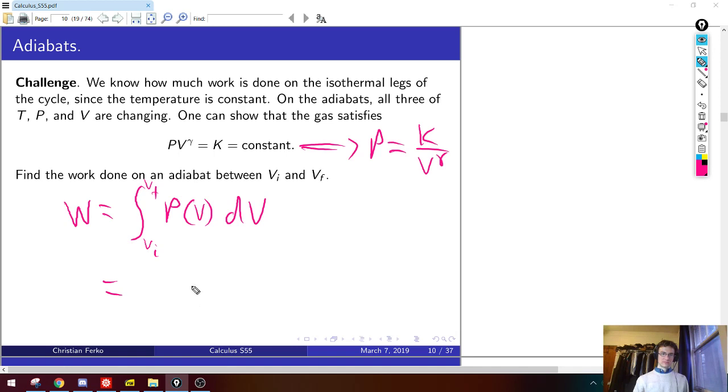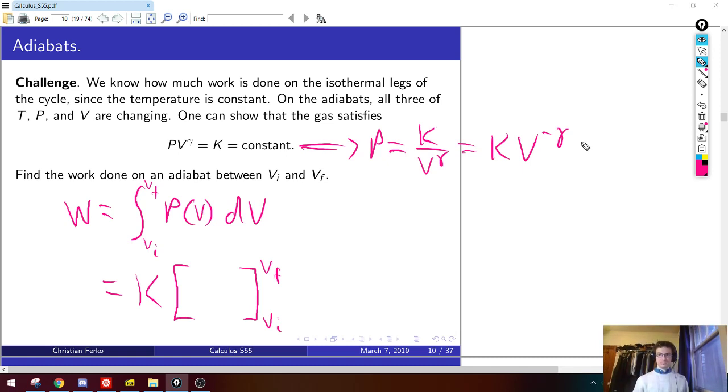We pull out the k since it's constant, and then assuming that gamma is not equal to 1, we have the integral from VI to VF of 1 over V to the gamma. Might help to think, just a little hint, this is V to the minus gamma if you prefer.